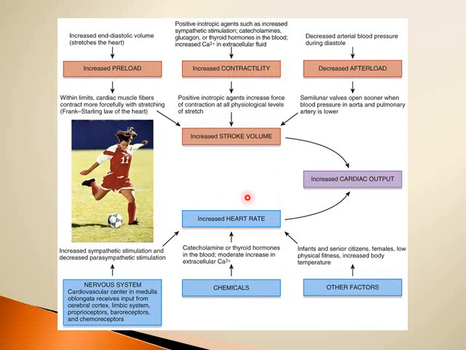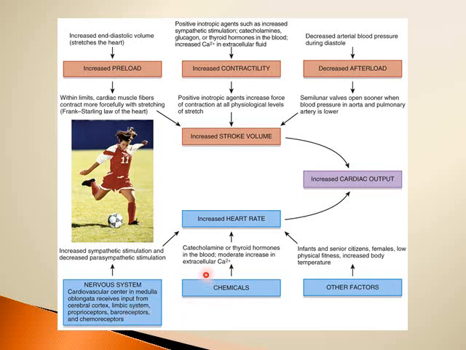The factors that affect the heart rate include the nervous system through both sympathetic and parasympathetic divisions. Sympathetic will increase the heart rate and contractility. Parasympathetic will decrease the heart rate. The parasympathetic has no effect on contractility because it doesn't innervate the ventricular muscles.